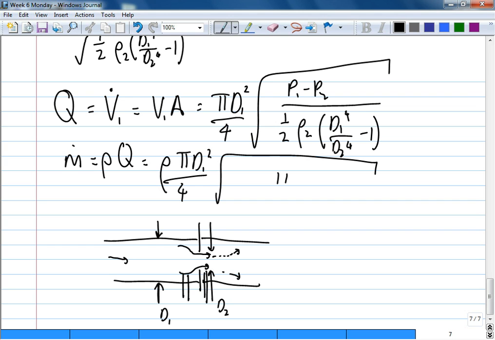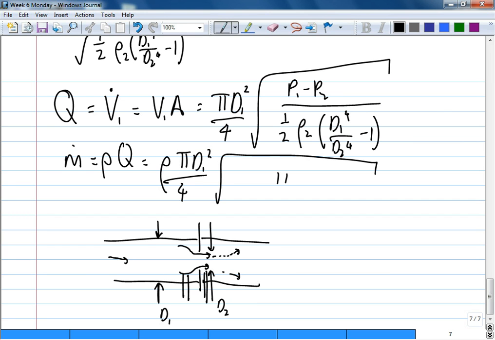Why do you do it like this? Normally the reason is because this one is a lot cheaper, a lot easier to make. Two flanges, you stick a plate inside.